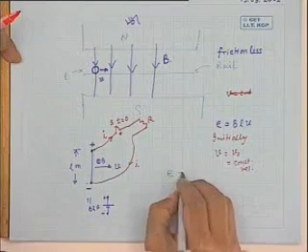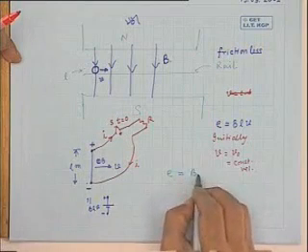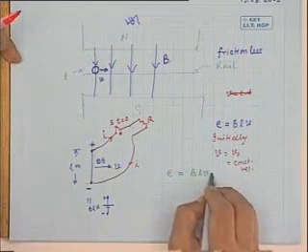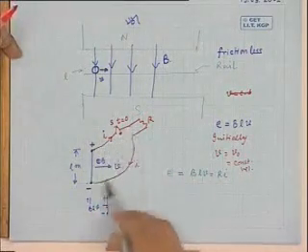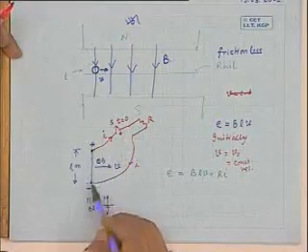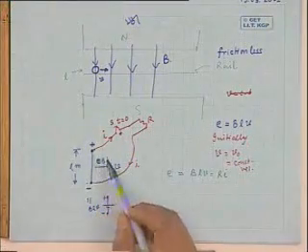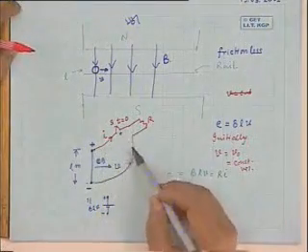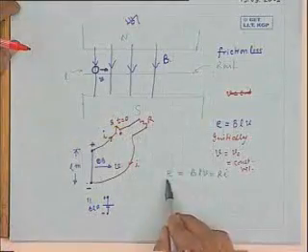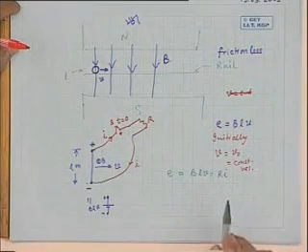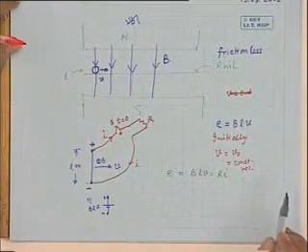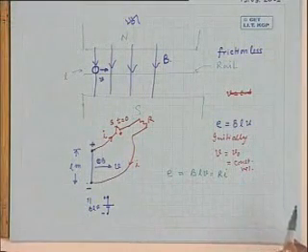The induced voltage E will be equal to BLV, which is equal to R into I. We are assuming the resistance of this conductor is neglected, and the connecting wire resistances are neglected. So, with this assumption, this induced voltage will be R into I.